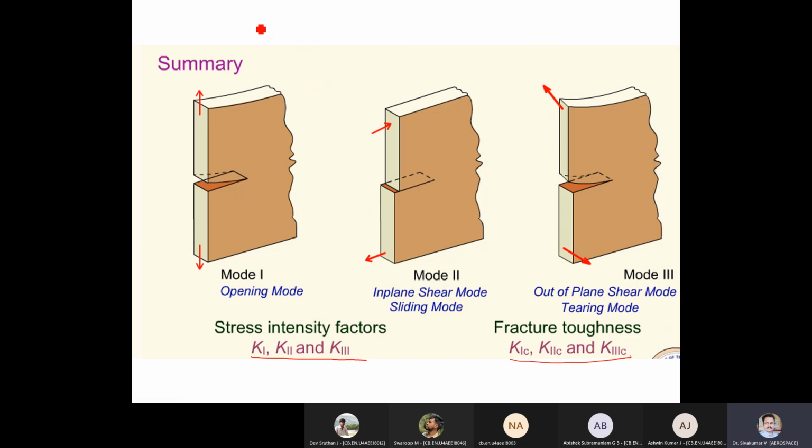On the other hand, you will have the toughness parameter, then energy release rate. So energy release rate is G1, G2, G3, and here G1C, G2C, G3C.